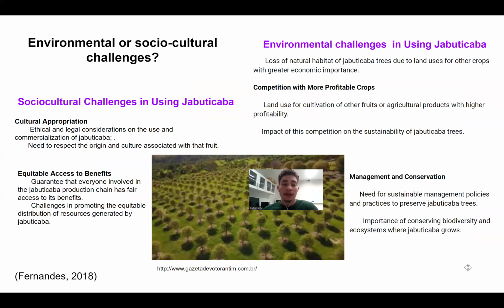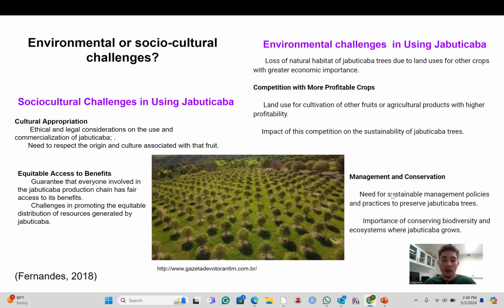Well, does the fruit have sociocultural and environmental challenges? Yes. The literature contains some information. For example, challenges relate to cultural appropriation and equitable access to benefits.